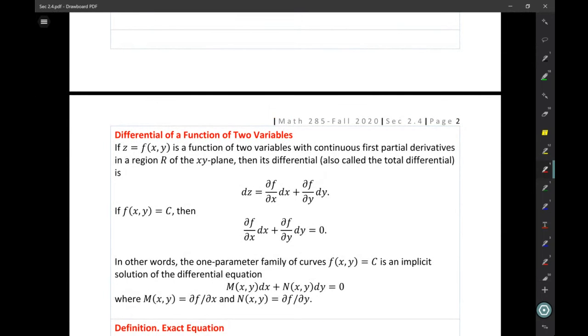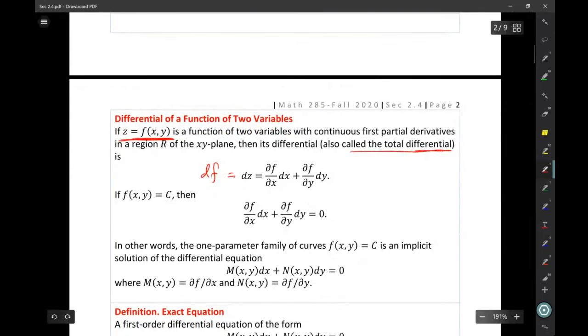Have a look here. If we have a function f of x y, a function of two variables, then we can define something called the total differential of the function f. I mean df or dz, because I renamed z to be f of x y. The total differential is df by dx partially times dx plus df by dy partially times dy.